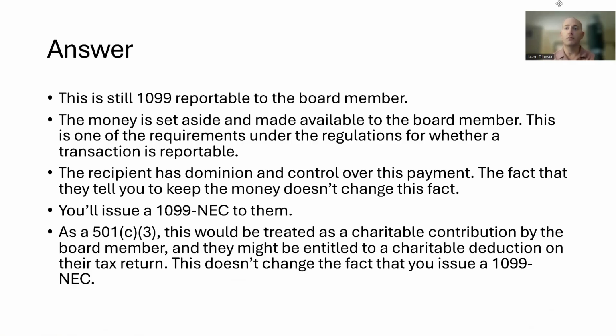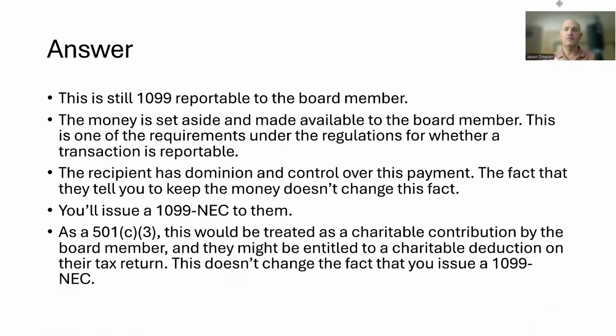And I'm certain that the board member will argue with you about this and say that it's not, but it is. You intended to compensate them. You set the money aside and it's available for them.